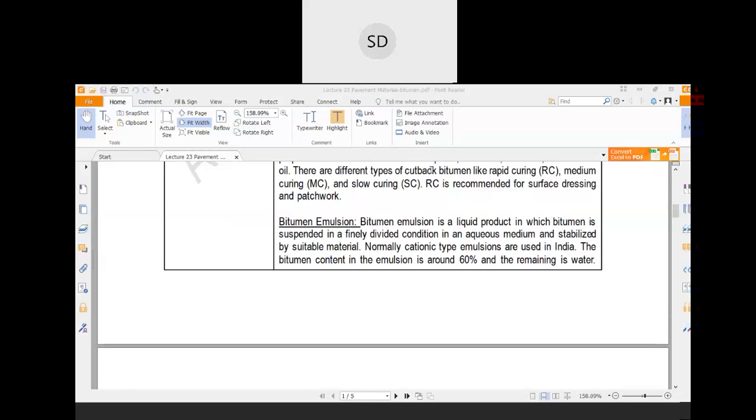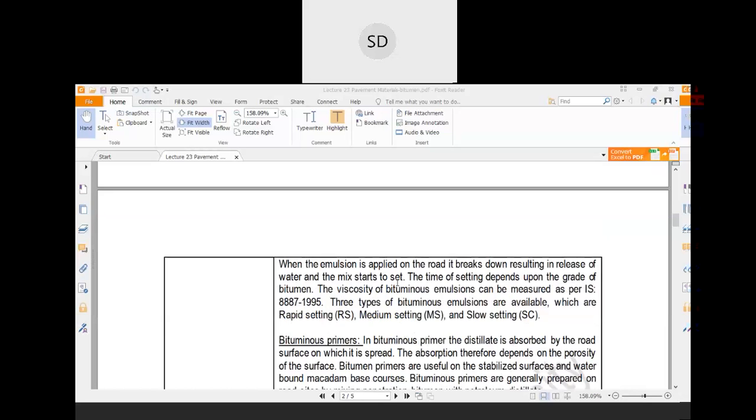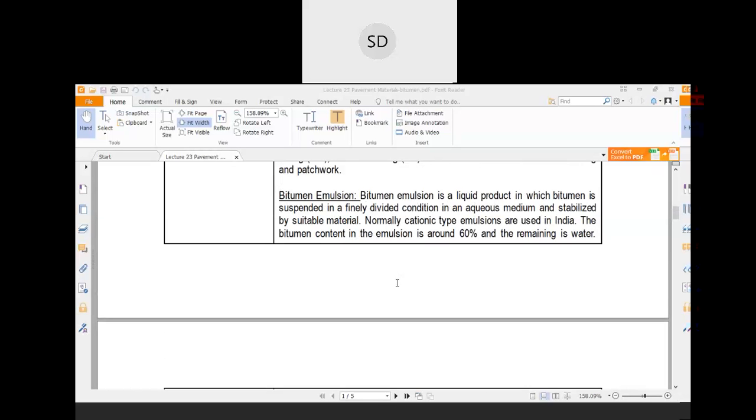This emulsifier liquid breaks the bitumen into small particles. It then helps the small bitumen particles not to settle in the water, and helps the bitumen particles to float in the water, and that is called bitumen emulsion.